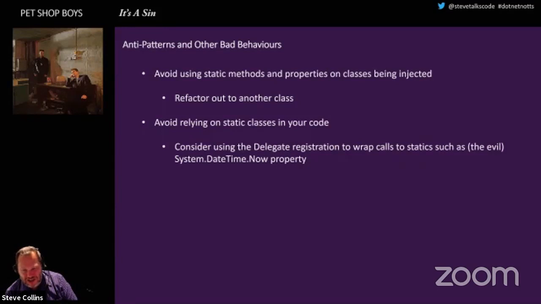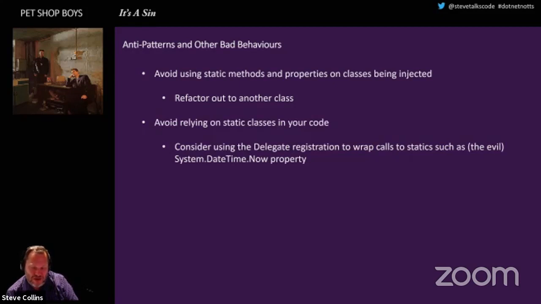So going back to what we were saying about factories and the delegates, I try to create a class that's effectively a wrapper over DateTime.Now. And if I'm using lots of properties of DateTime.Now, I expose it via an interface, or if I'm just using Now or UtcNow, I have a delegate that says get current date or get current date time, something like that, and let the delegate worry about talking to DateTime.Now.